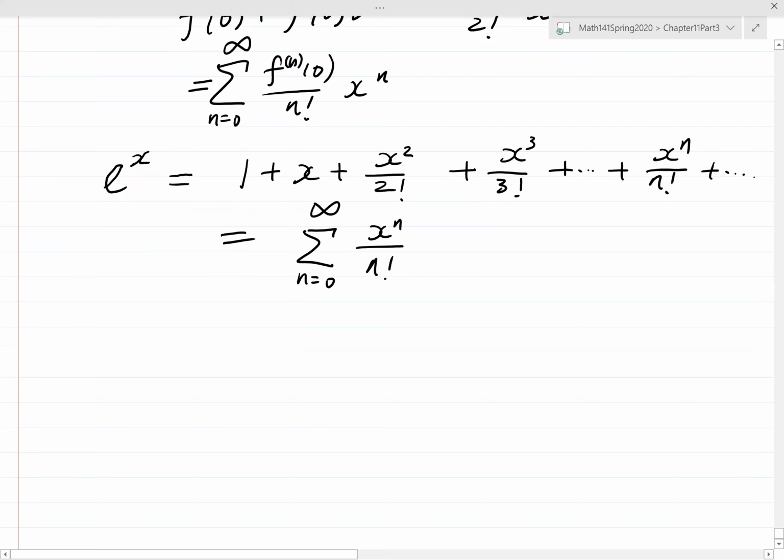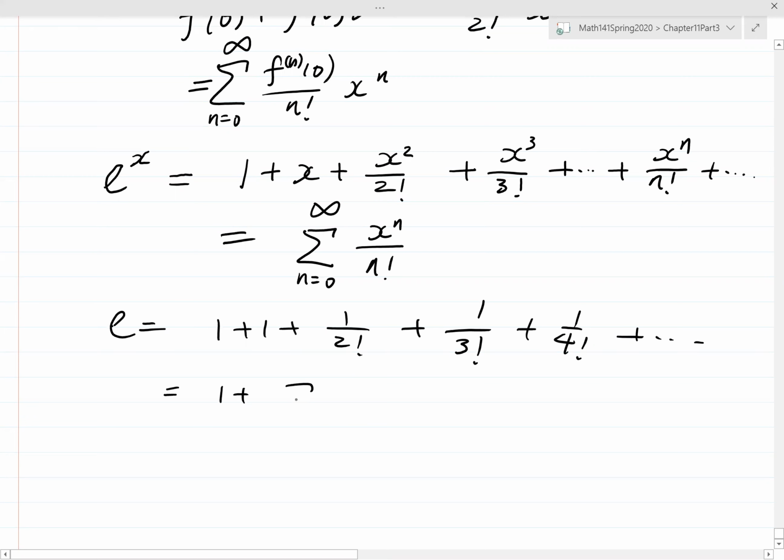If you take x to be 1, then you get e. So e is 1 plus 1 plus 1 over 2 factorial plus 1 over 3 factorial plus 1 over 4 factorial, etc., which is the sum of 1 over n factorial, n from 0 to infinity.